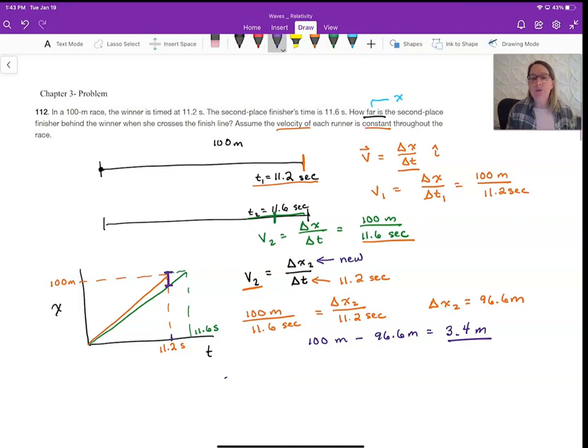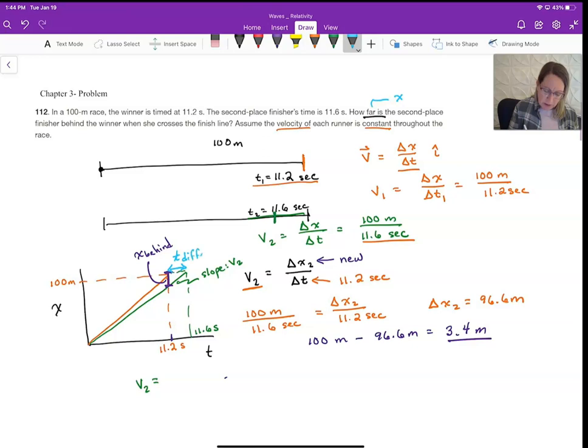In some ways you can use this graphical method to say, if I know this slope, and the slope is just the speed, so it is v2, then I know that's the same as the rise over the run. So I can say v2 is this x that I'm going to call x behind, over this time difference.